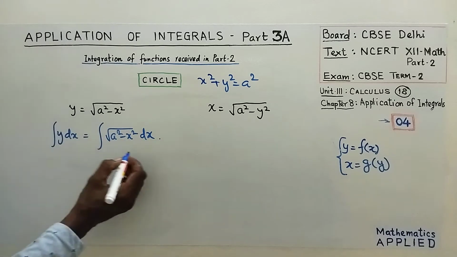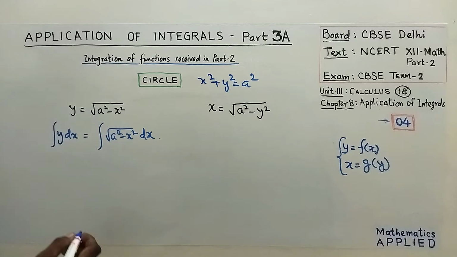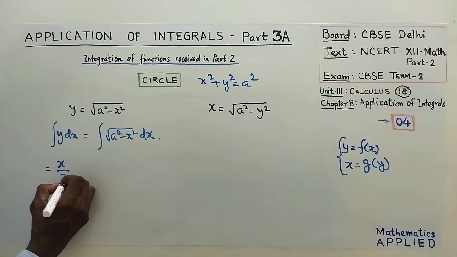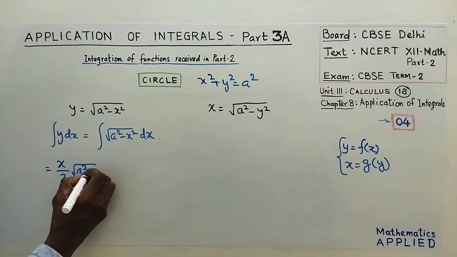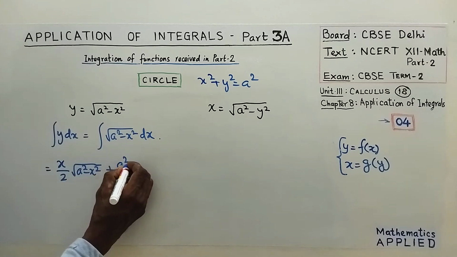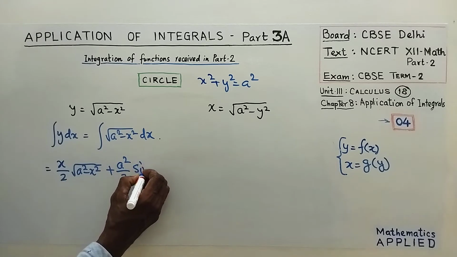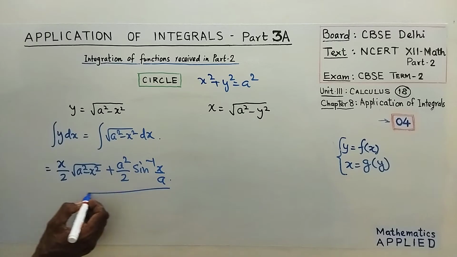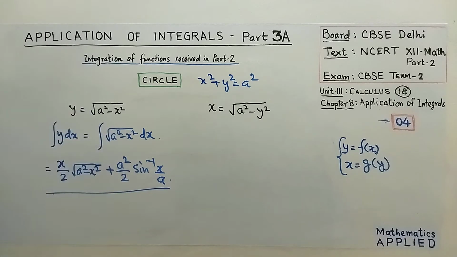If you refer to your NCERT book, you will know that this is equal to x by 2 root over a square minus x square plus a square by 2 sine inverse x by a. This is the result for this one.